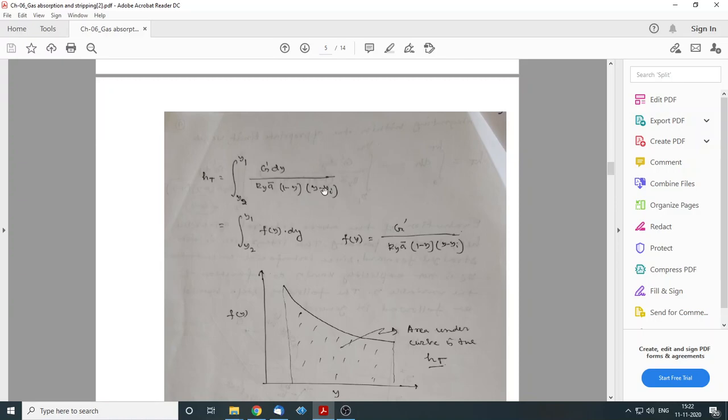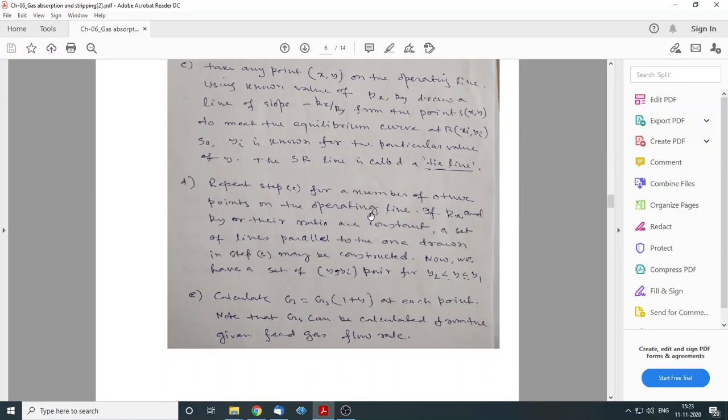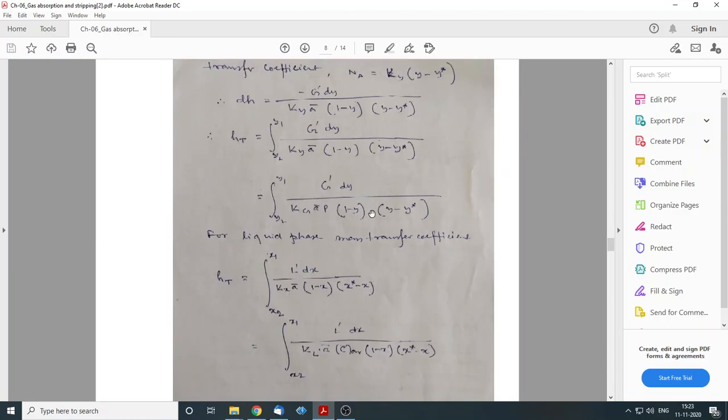So this is the driving force. But whether you use overall, liquid phase or gas phase, this will change and the corresponding term will also change. Other things will remain, and this 1 minus y will be 1 minus x, like this. So accordingly you have to change it into this form.